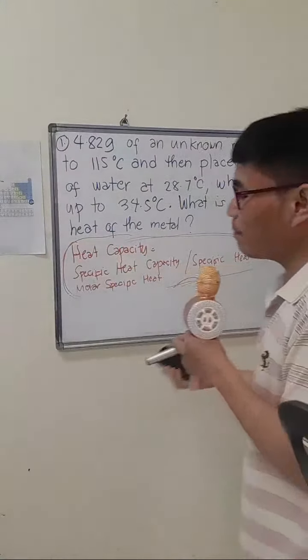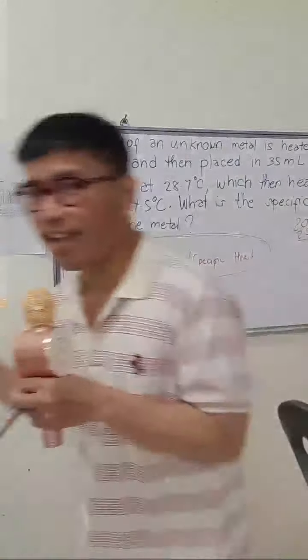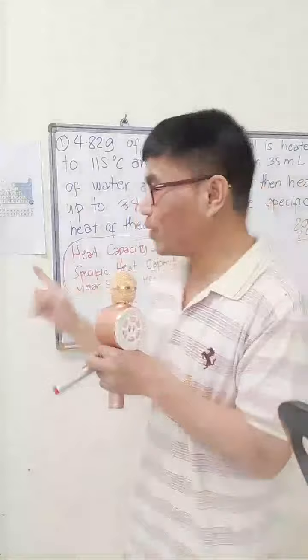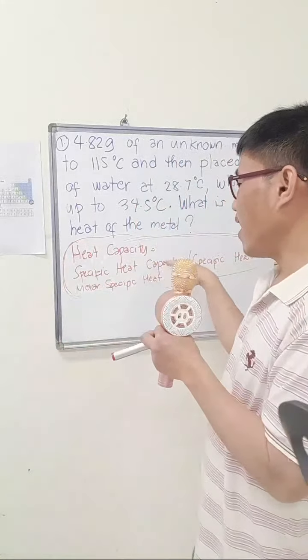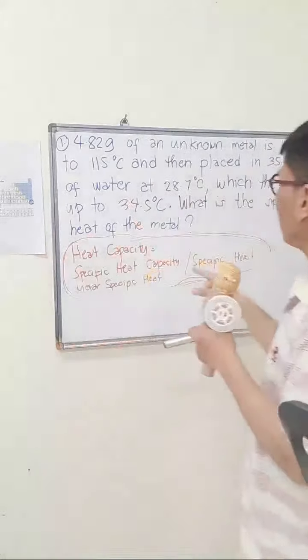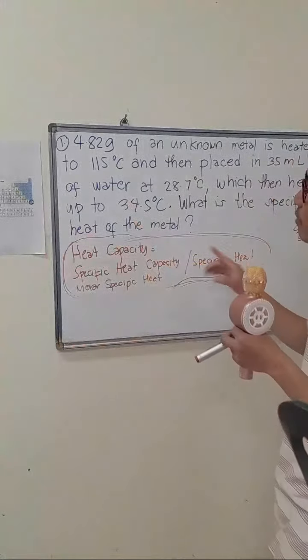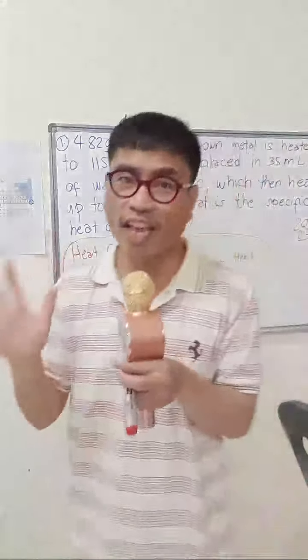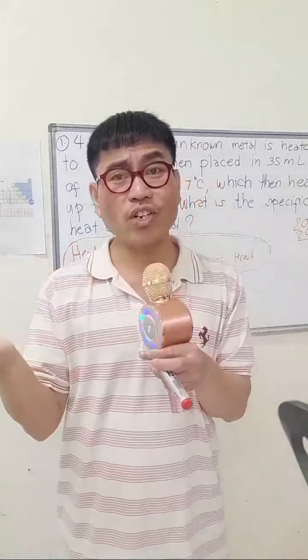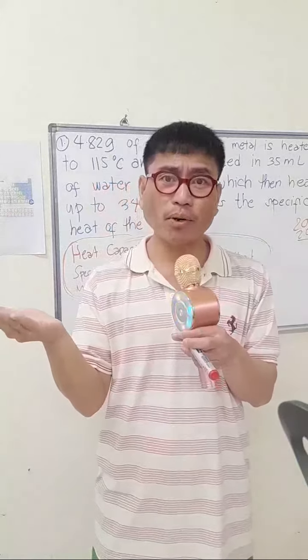So heat capacity, guys, is not the same as specific heat capacity, though the words heat capacity are repeated. Specific heat or specific heat capacity is just the same. Sometimes the problem will say the specific heat of water is 1 calorie per gram per degree Celsius.